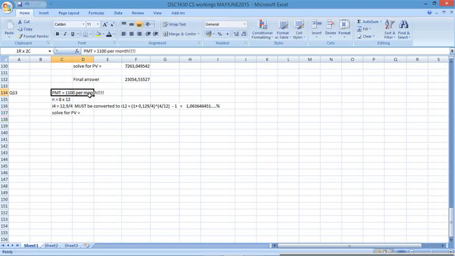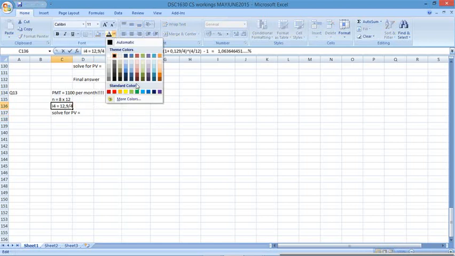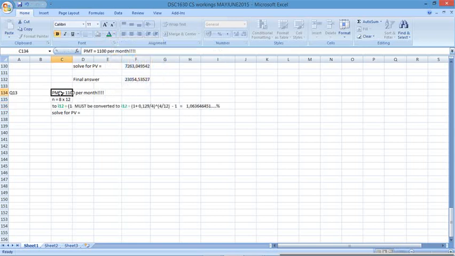You've got the payment, you've got the N, you've got the I now. Remember, I'm using I12. Why am I using I12? It's because of this: per month. So I need to use the right I with the correct monthly payments.